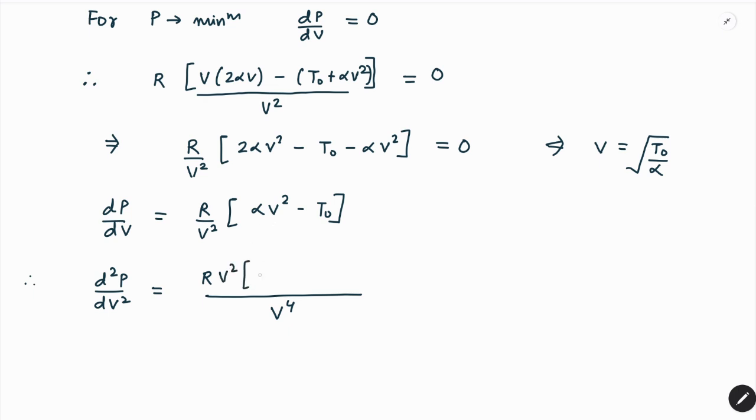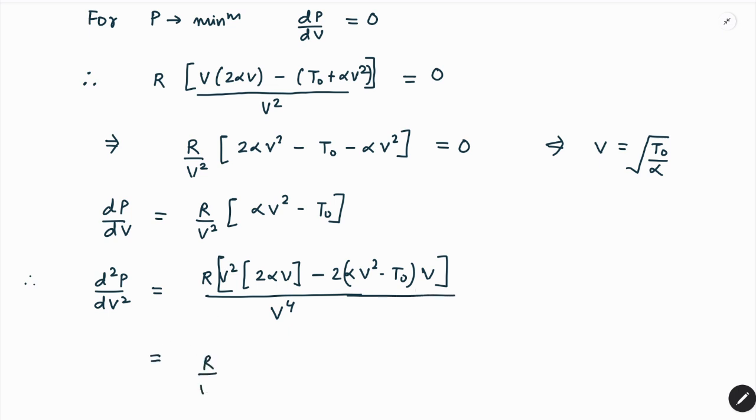If we differentiate this, we get 2 alpha V, as the derivative of T naught is 0. Then we put a minus sign, again R is kept constant outside the box, then we take alpha V square minus T naught constant and differentiate V square, so we get 2V. So this is the second derivative which we have.